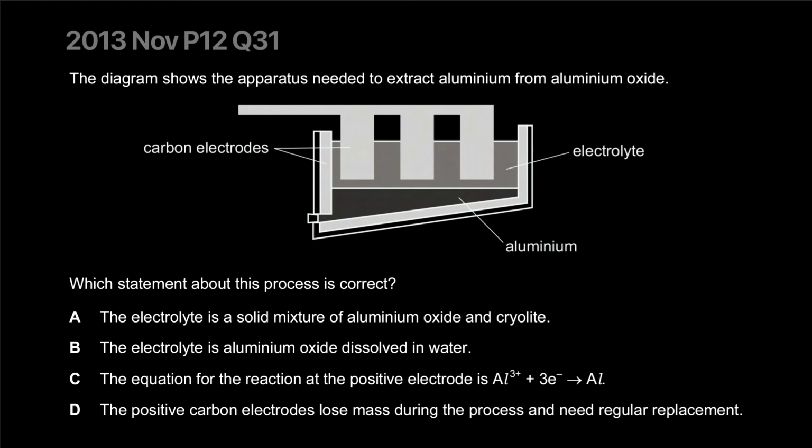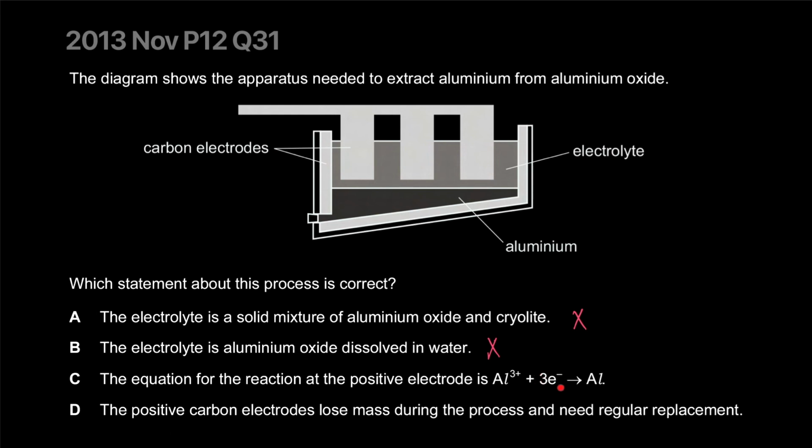Let's get the pen out. This is wrong. The electrolyte is aluminum oxide dissolved in water. Well, if you have to heat aluminum oxide in water, I think there will be very little water. It's cryolite, right? Cryolite, I already said it. The equation for the reaction, the positive electrode is Al. I think it's absorbing electrons, right?